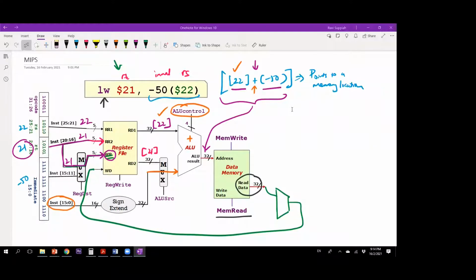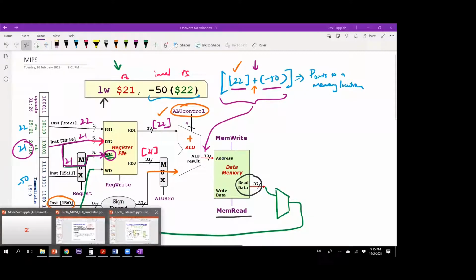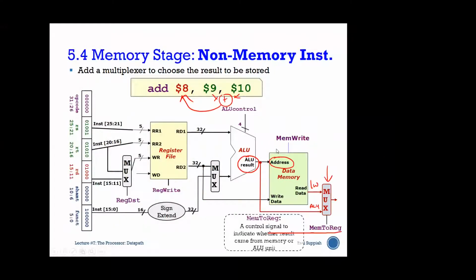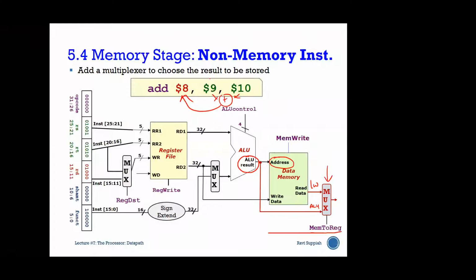So what you need to know is what is the data I'm interested in, or what are the bits I'm interested in, depending on the instruction I'm trying to execute. All right, so let me come back to our notes here. If you take I-type instruction, for example, as an R-type instruction, in this case, this is RS, this is RT, this is RD.